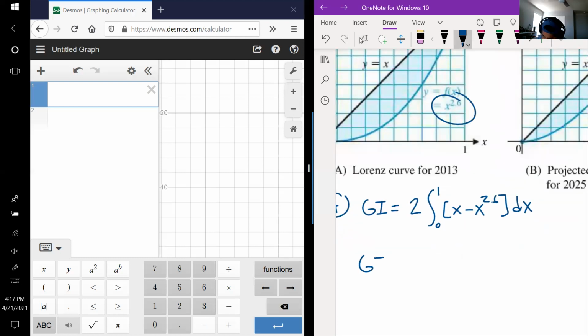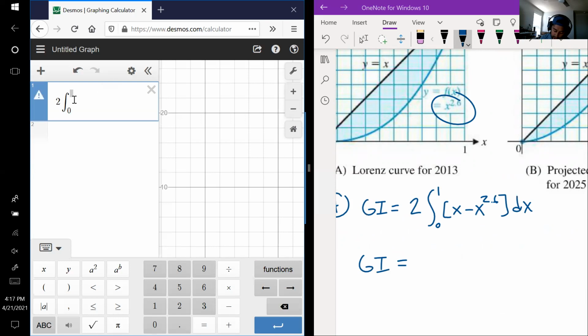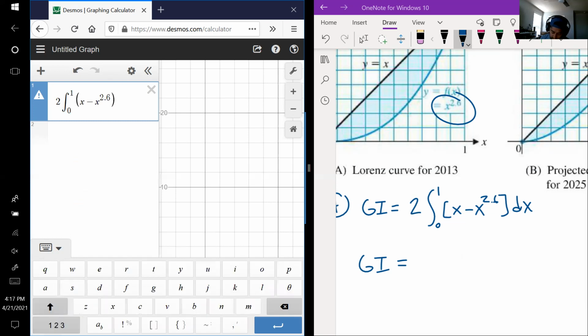So you'll get GI equals, and then in Desmos, 2 times the integral from 0 to 1 of parentheses x minus x to the 2.6 with respect to x. And we get that the Gini index for 2013 is 0.44 repeating. Okay.